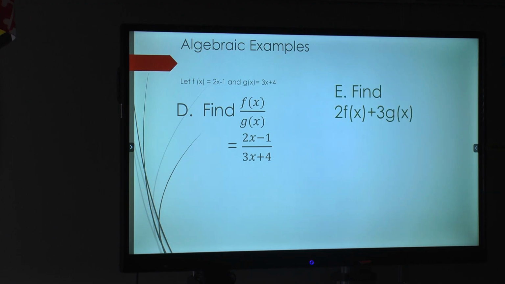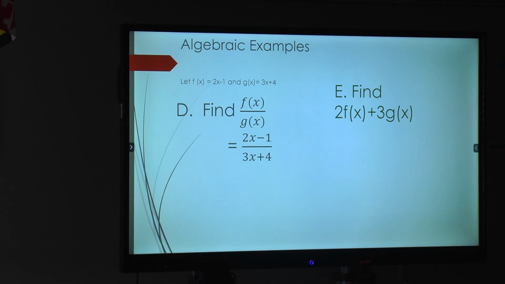E. Now, what stands out different in E than it was in A? It has a number now. It has a 3, and what else? It still has an f of x and g of x, but what is in front of f and g?